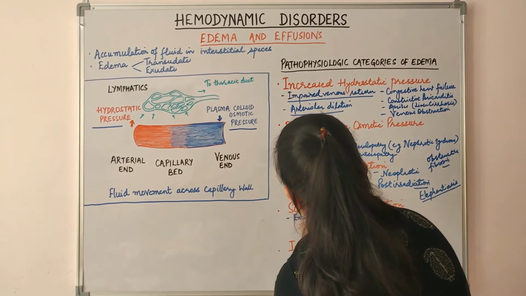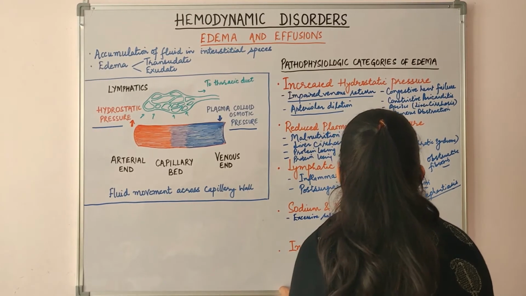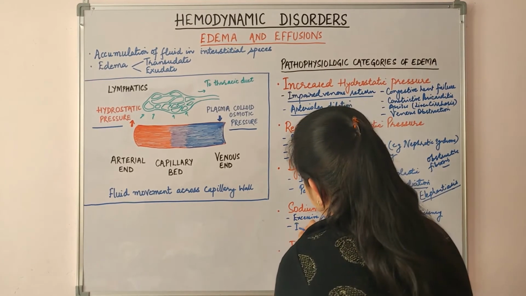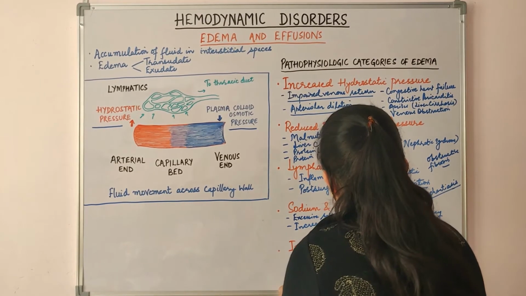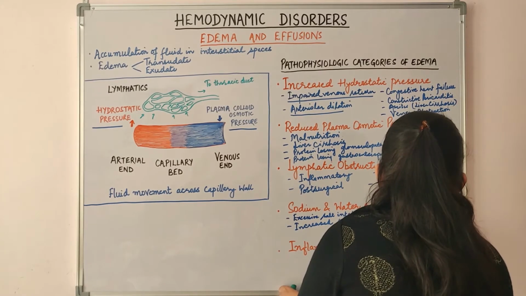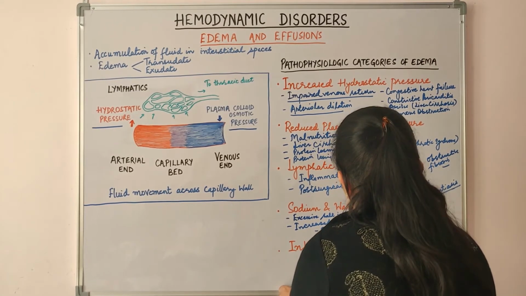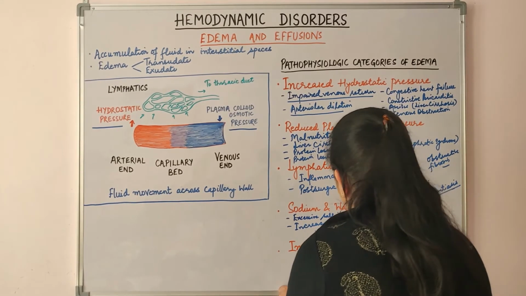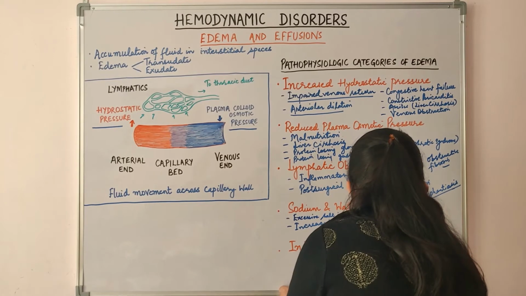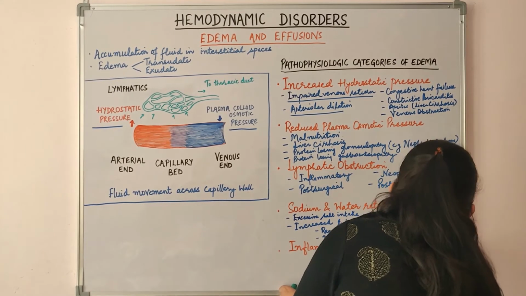The causes are excessive salt intake with renal insufficiency, increased tubular reabsorption of sodium, which can occur due to renal hypoperfusion, or increased renin angiotensin aldosterone system.